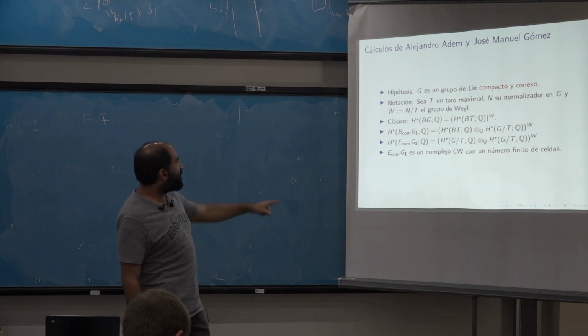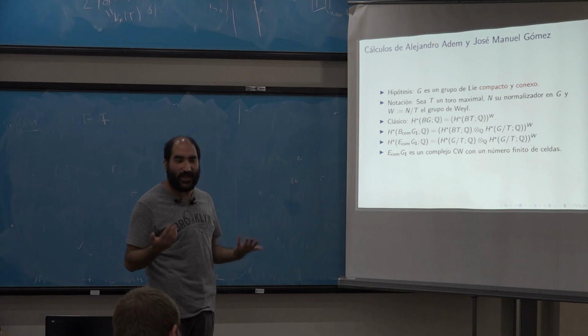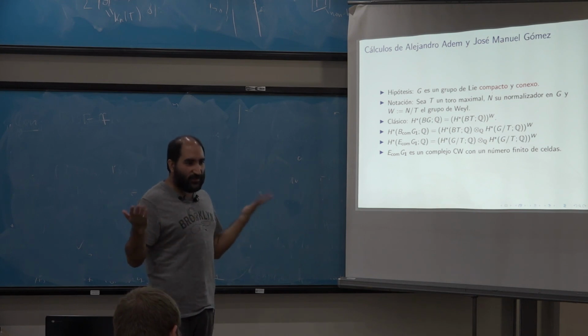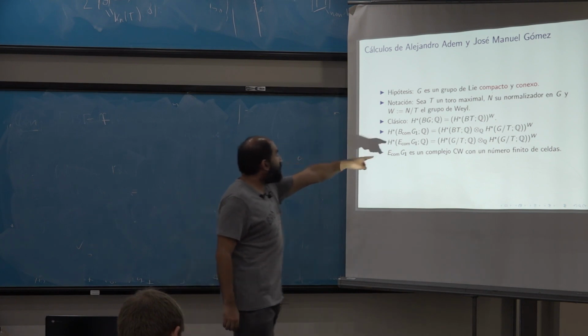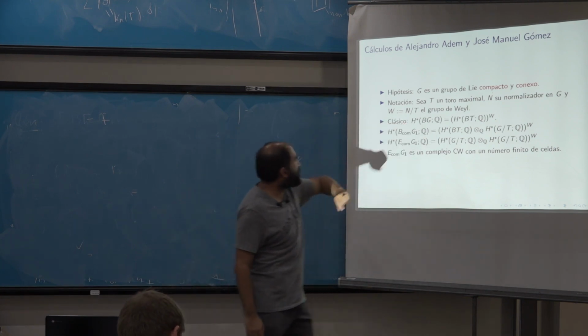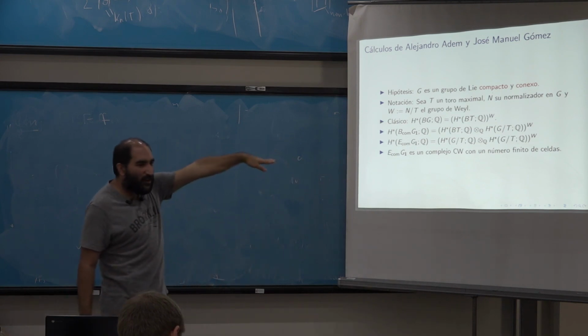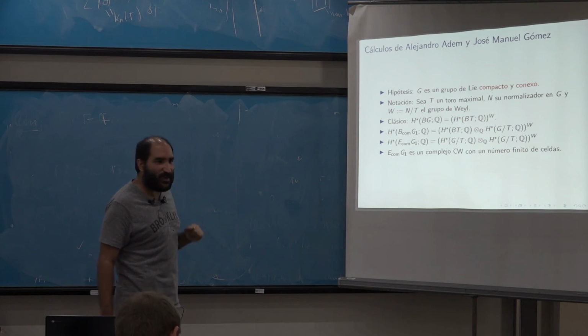And so let me remind you that the classical way of presenting results about the cohomology of the group or the classifying space is in terms of these other subgroups. So for example, Borel's calculation is that the cohomology with rational coefficients of BG is the Weyl group invariants of the cohomology of the classifying space of the maximal torus.